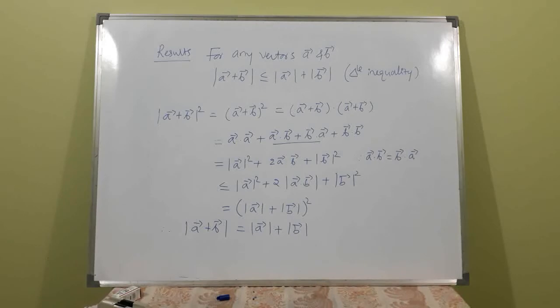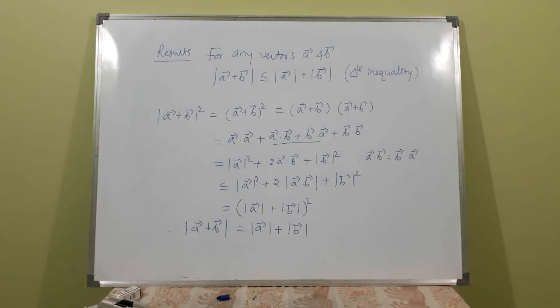If you multiply, take the scalar product: A dot A plus A dot B plus B dot A plus B dot B. As scalar product is commutative, that is 2 times A dot B. So A dot A is modulus of A square, B dot B is modulus of B square.